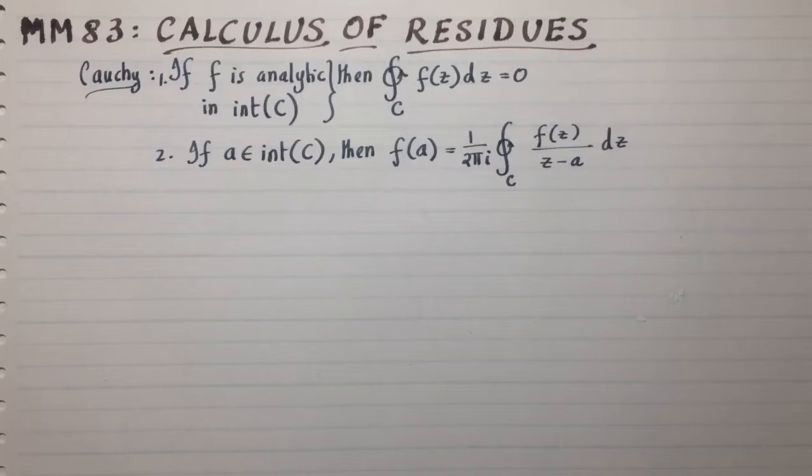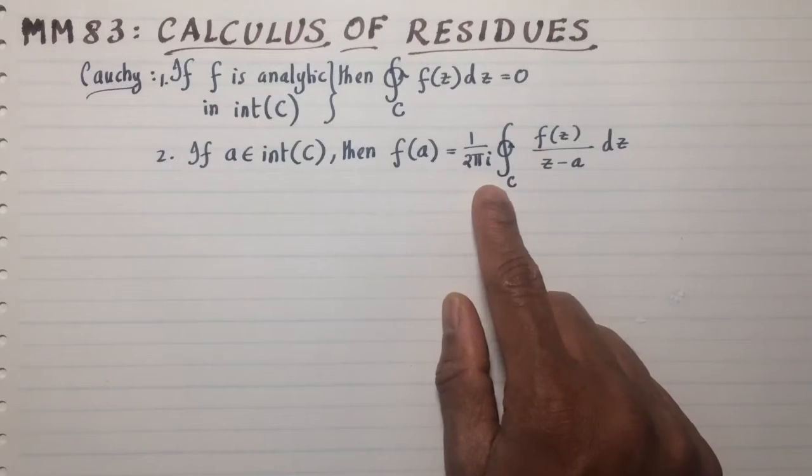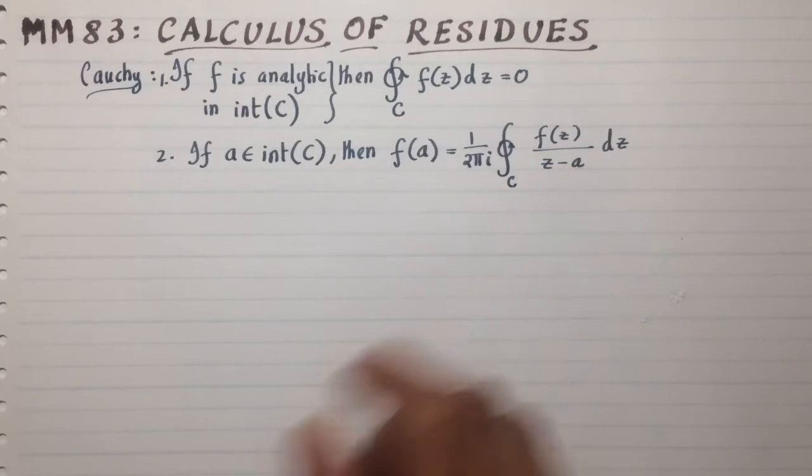And the second consequence is that if a is any point inside that interior, the value of the function at that interior point is given by the following integral. It's 1 over 2 pi i, the closed integral around C of f of z divided by z minus a.